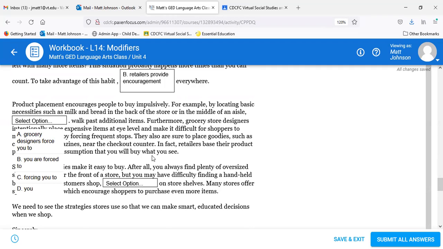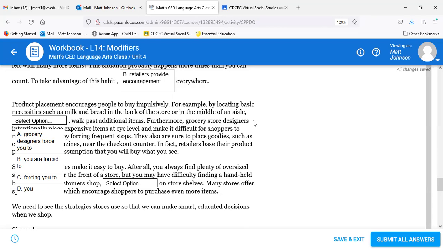Christiana, what do we do here? Is it A? A, right? So again, that's the store we're talking about, right? So for example, by, there's our prepositional phrase. It's a long one. By locating basic necessities such as milk and bread in the back of the store or in the middle of an aisle.